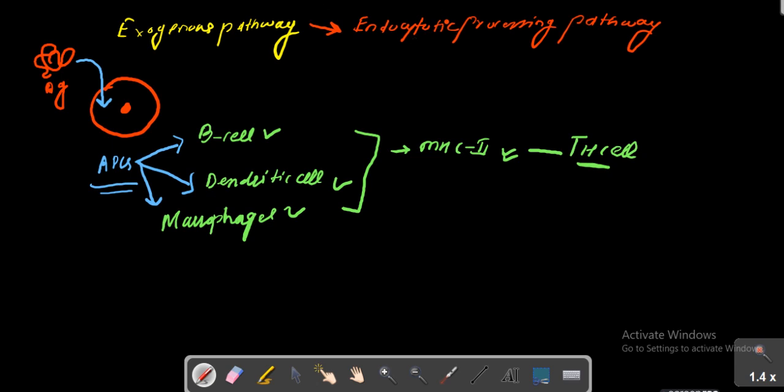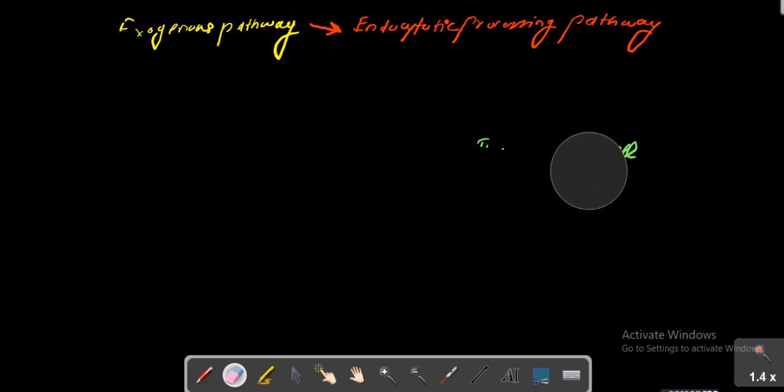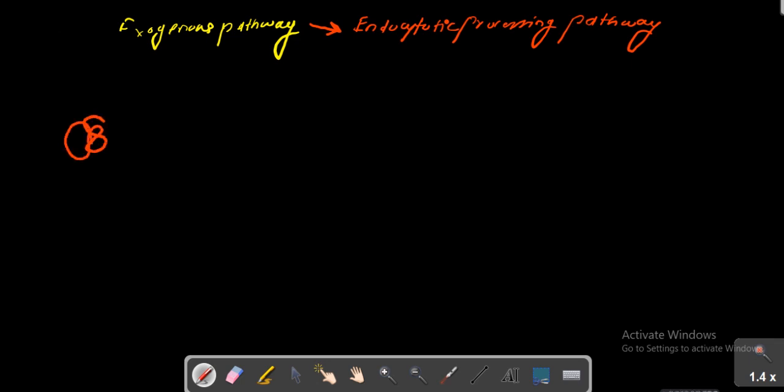So now what happens, let us take one eraser. Now what happens, suppose this is an antigen, some sort of peptide. So this antigen, when it is taken inside the APCs, okay, this is called exogenous antigen.